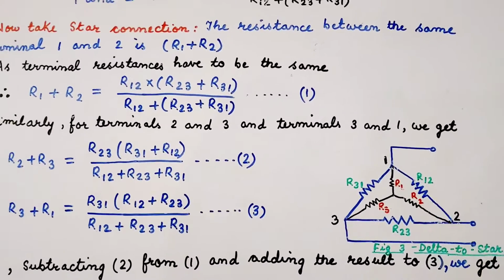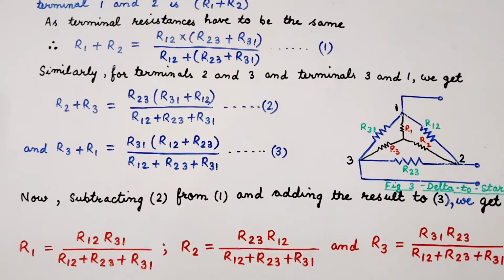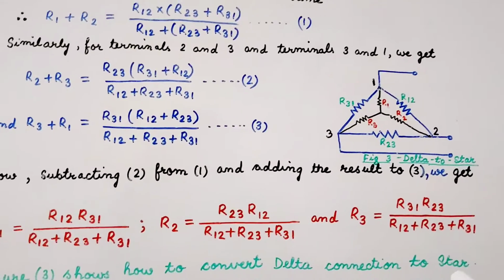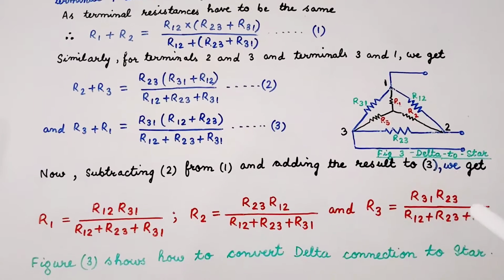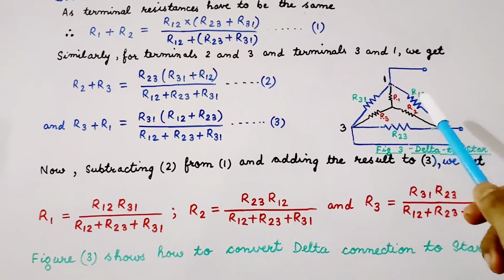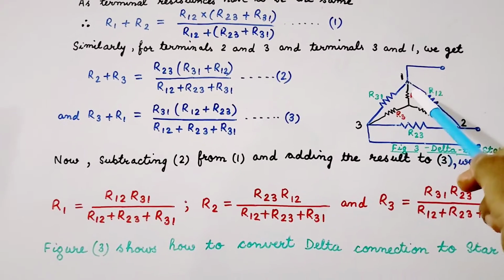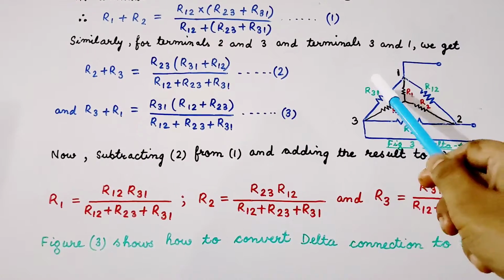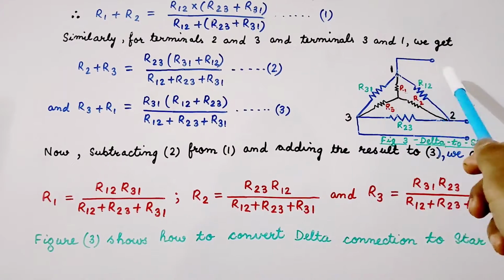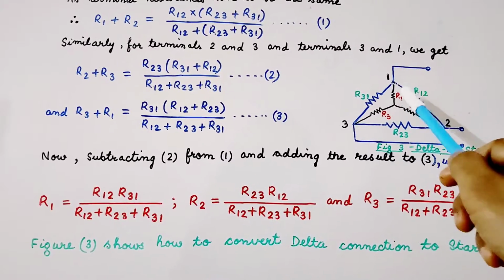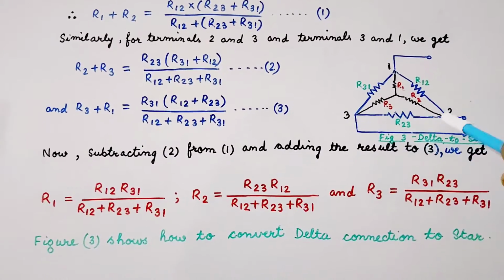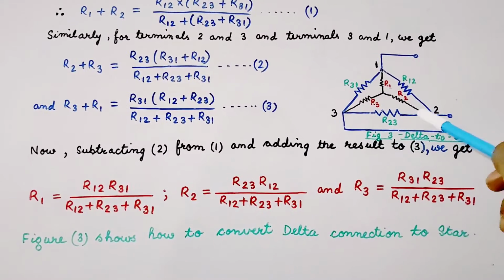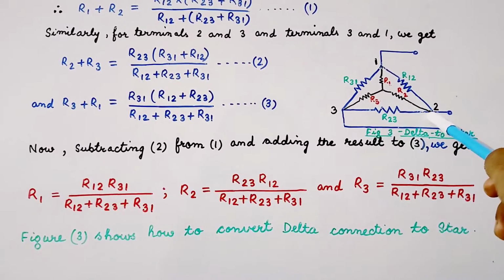So in order to remember the formula, we can easily remember it by seeing that the value of the resistance R1 can be obtained by the product of the branches between which it is connected divided by the sum of the 3 resistances in delta.